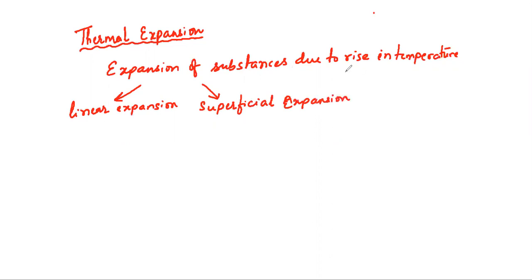And we'll also discuss volumetric expansion, when there is expansion in the volume. This is basically one dimensional, this is two dimensional, and this one is three dimensional expansion.